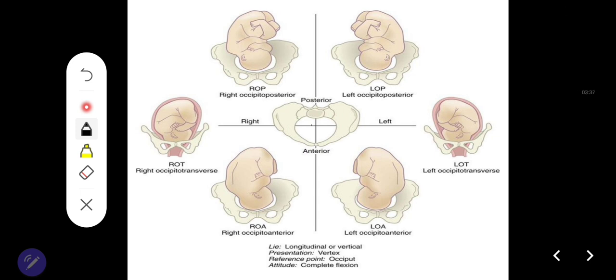Regarding the fetal occiput, as in this picture, it is either directed to the symphysis pubis, which is occiput anterior, or directed to the sacrum, which is occipito-posterior. If the occiput is to the right side, it's right occipito-transverse. If the occiput is to the left side, it's left occipito-transverse.